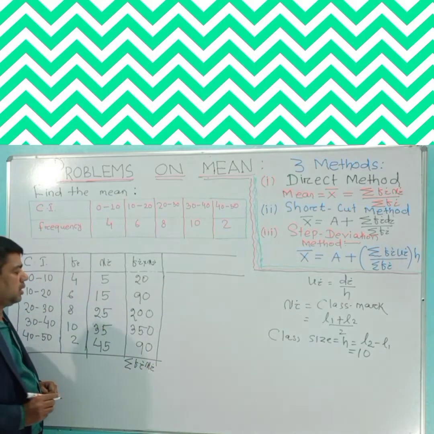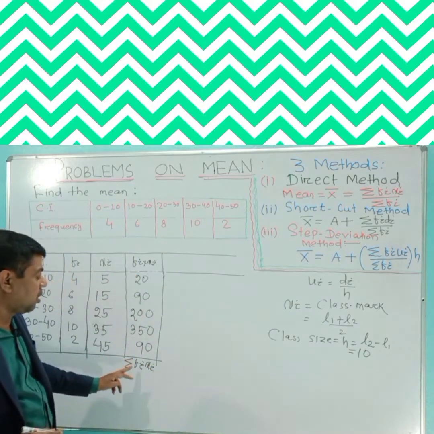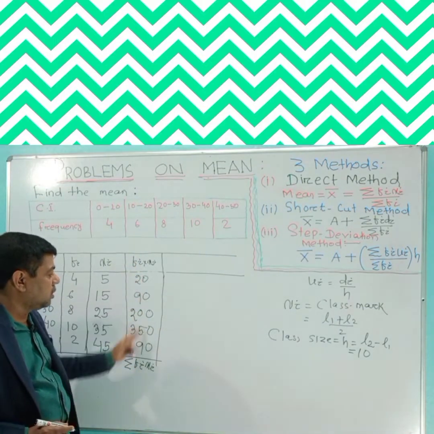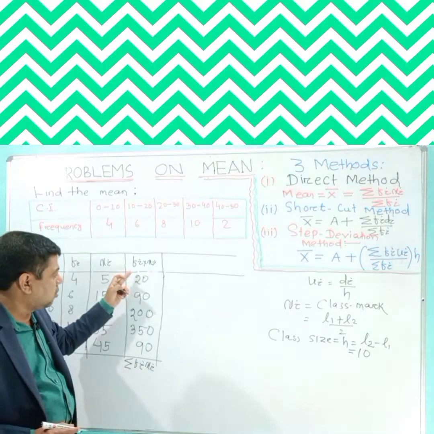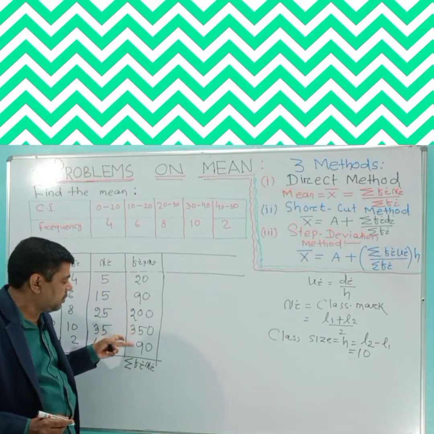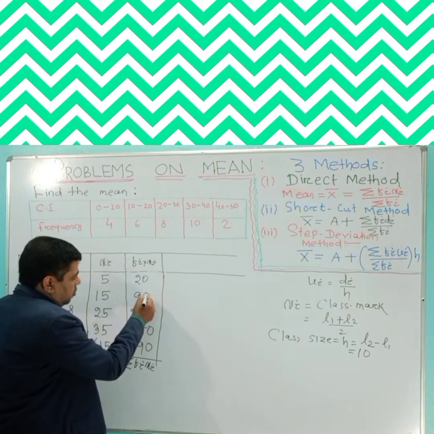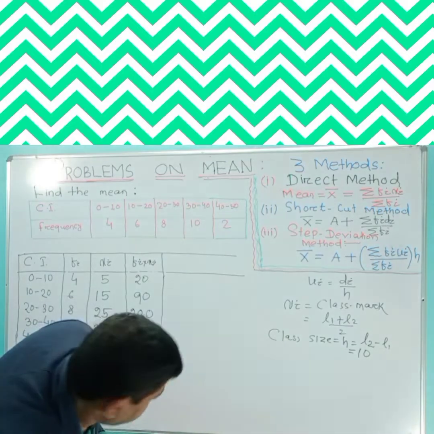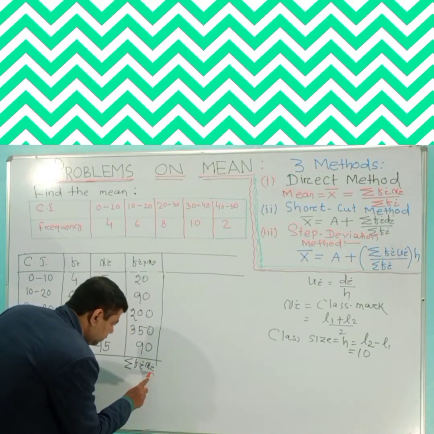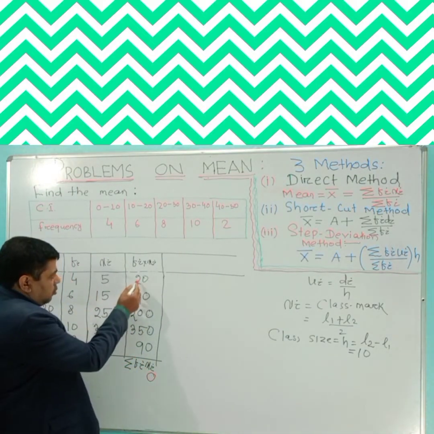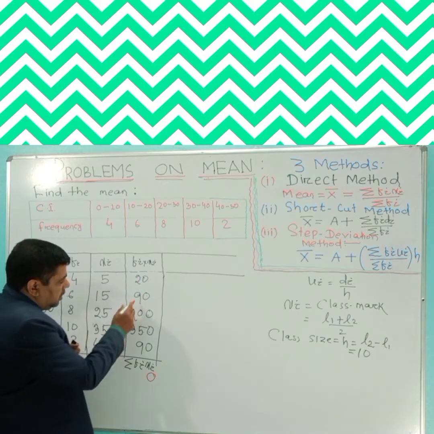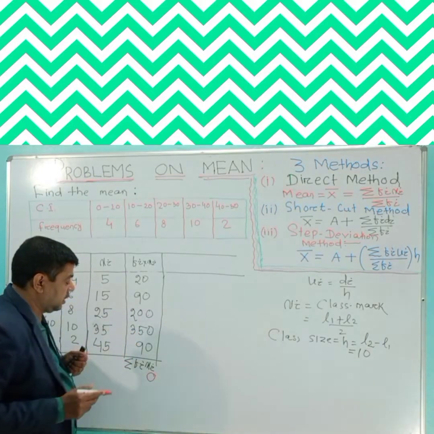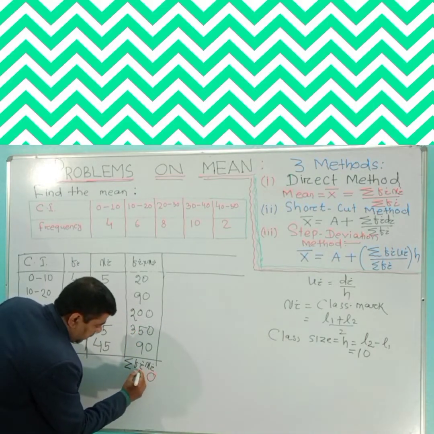Understand or not? Then you find the sum of fi xi, which means you add all the numbers in this column: 20 plus 90 plus 200 plus 350 plus 90. The units are 0 plus 0 plus 0 plus 0 plus 0, which is 0. Then 2 plus 9 is 11, 11 plus 5 is 16, 16 plus 9 is 25, write 5 and carry 2.